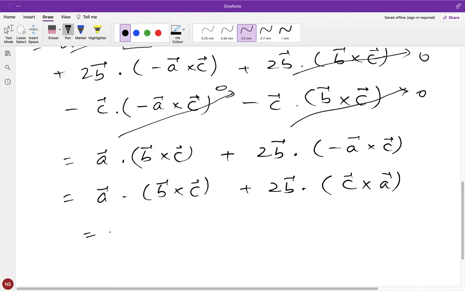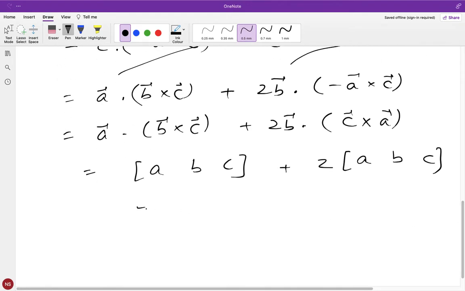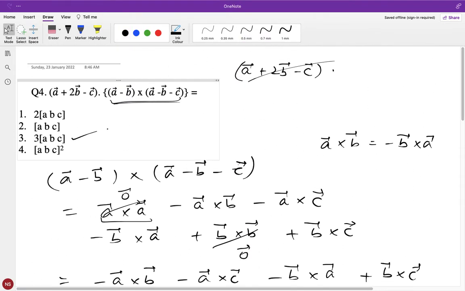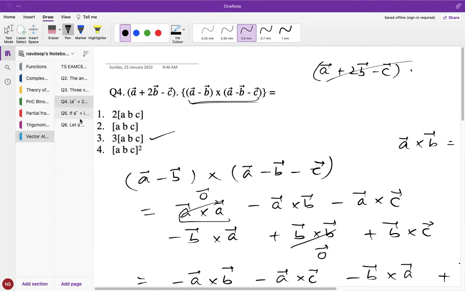Now what is this? This is just the scalar triple product ABC, and this is also the scalar triple product ABC. So the final answer is 3ABC, right? So not a tough question. Just don't make any mistakes.